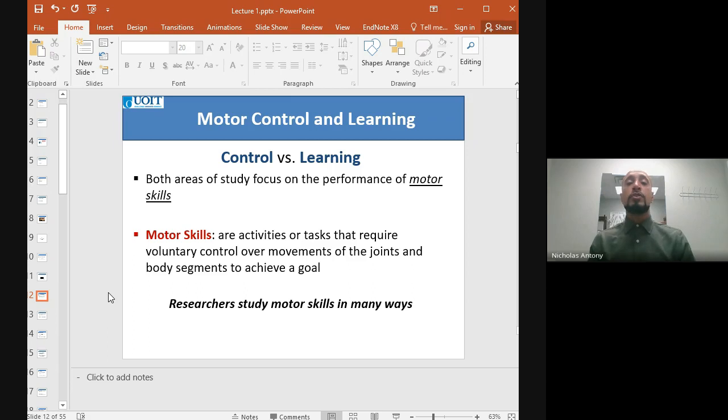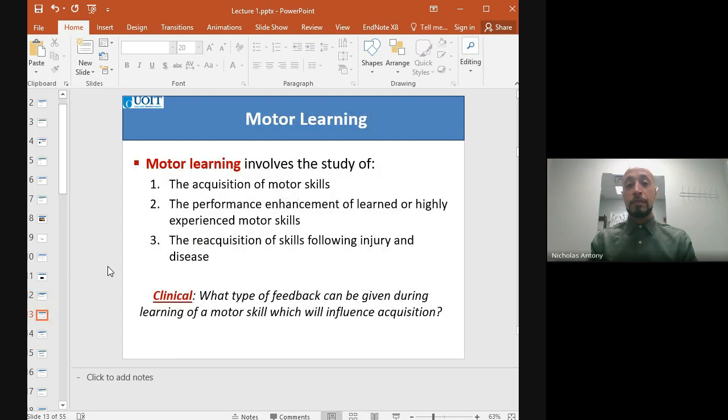Motor skills are defined as activities or tasks that require voluntary control over the movements of the joints of our body to achieve a particular goal. So it's purposeful actions. Human motor control and human motor learning research are combined in the fact that they both study motor skills or voluntary movements to achieve a particular task.